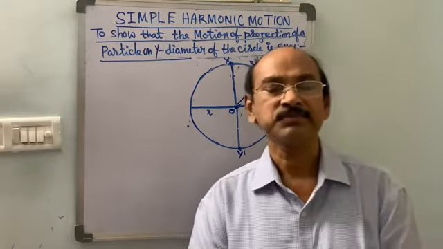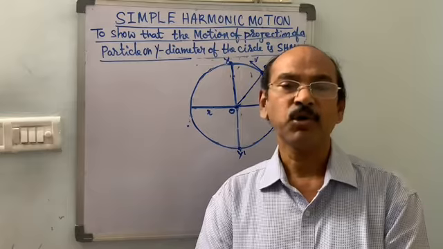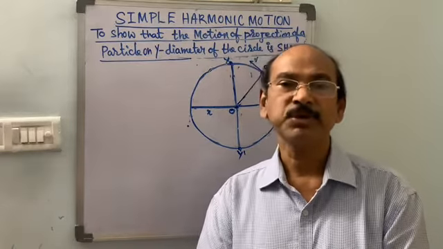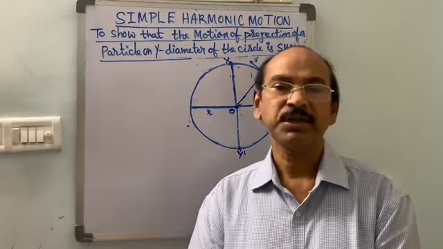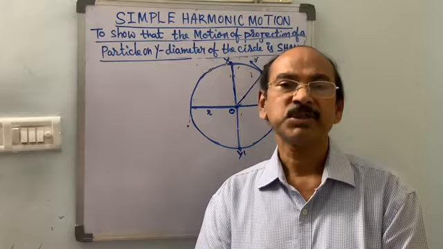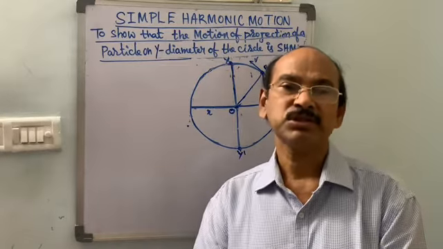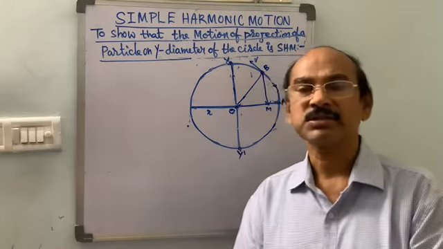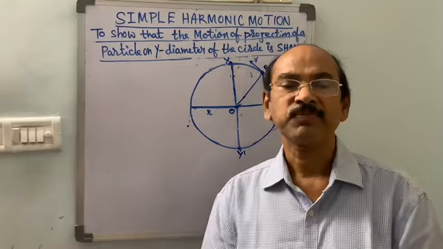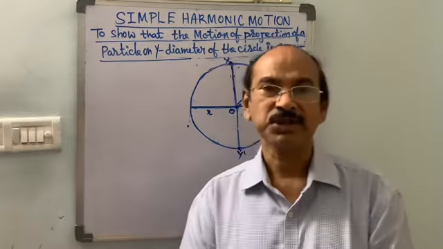Third, the acceleration of the body is always directed towards the mean position. Fourth, acceleration and displacement of the particle are opposite to each other. Fifth, the restoring force acting on the body is always directed towards the mean position.